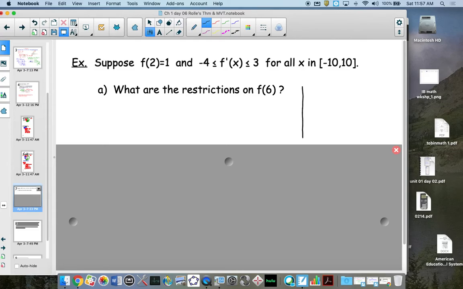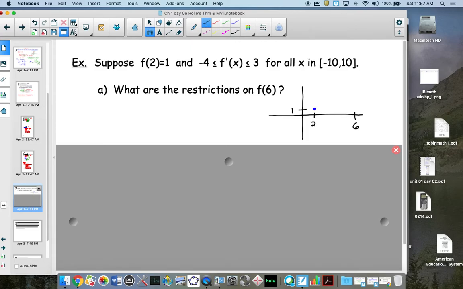Alright, so let's get a visual for what this is asking. Here's 2, and we're talking about f of 6, and f of 2 is equal to +1. Let's say that's right there.